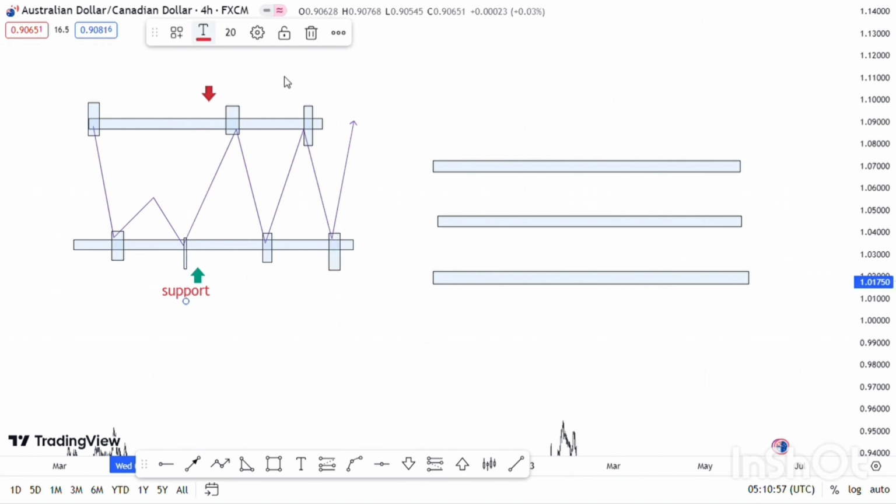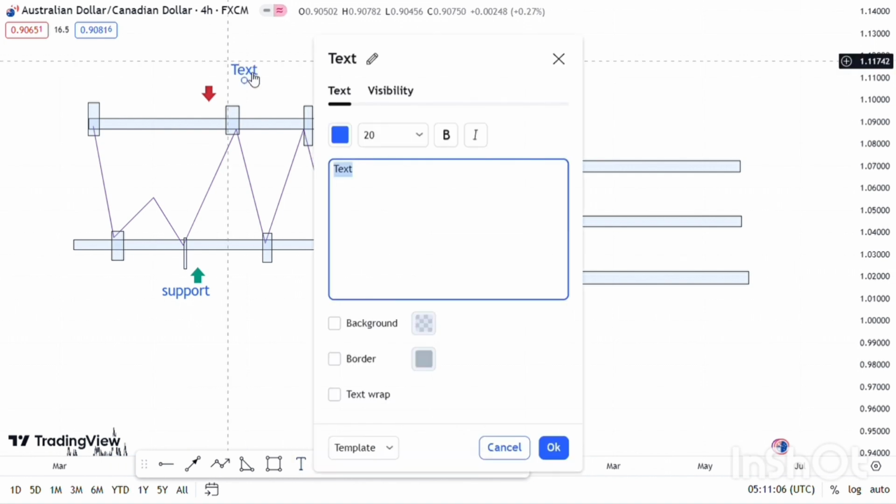We have a support, and then we have our resistance. Yes, this is our resistance. Let's change the color to red.